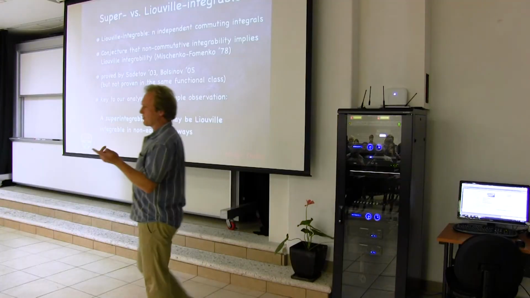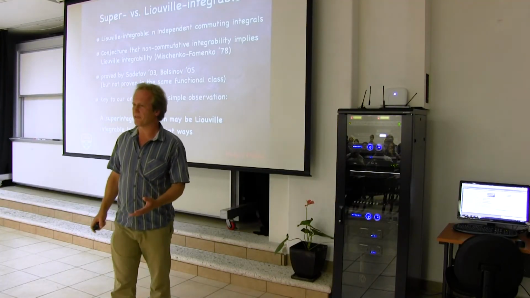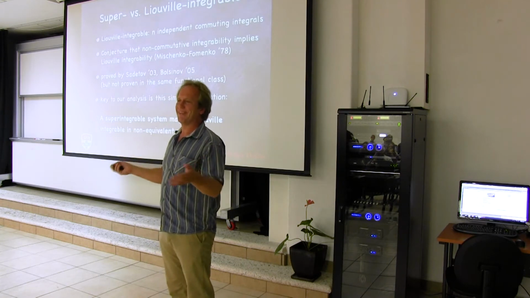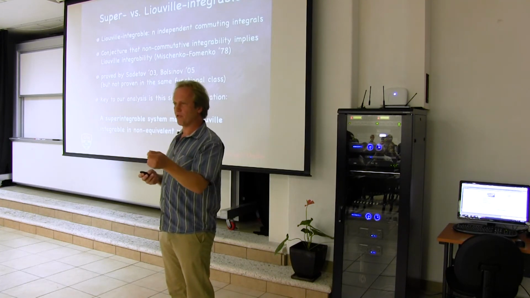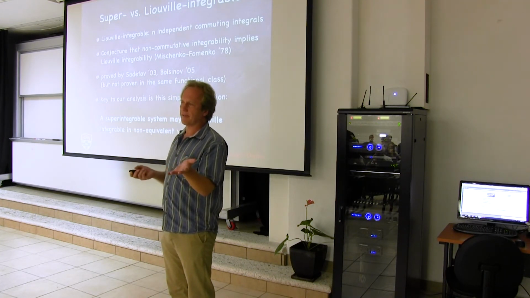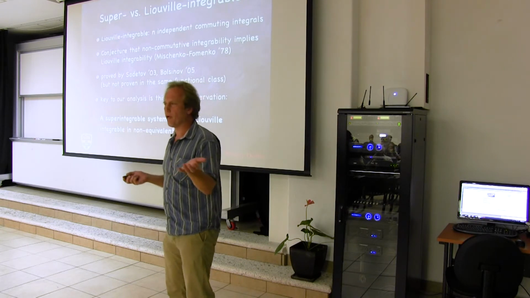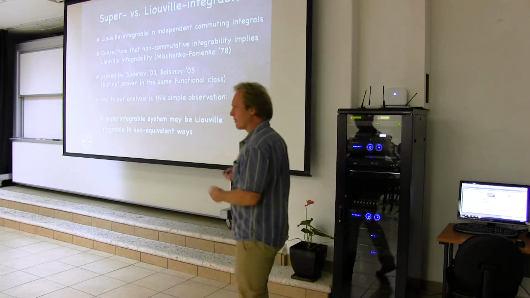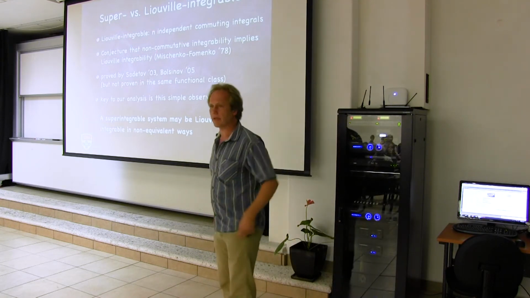At first that seems like a strange question, because if you have too many integrals, why wouldn't you have enough? Then you certainly have n over 2 integrals. But the point is that they have to commute. It's not obvious that from your many non-commuting integrals you can build the right number of commuting integrals.